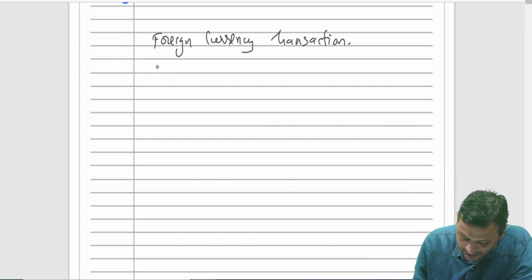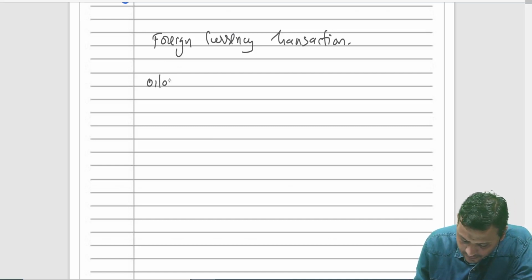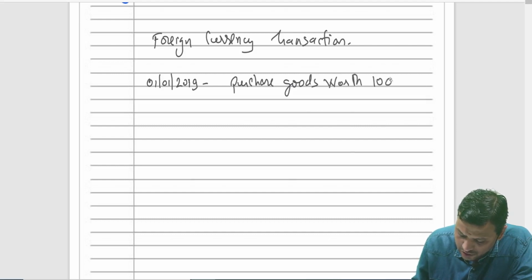Say on 1st of January 2019, I purchase goods worth $10,000 and I'm making payment on 15th April 2019.